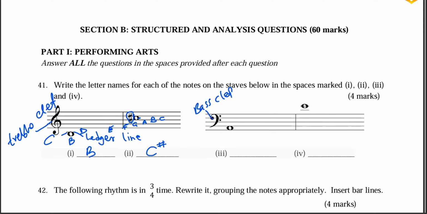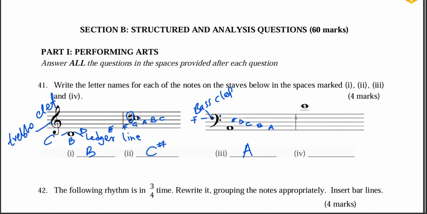On a bass staff, the line between the two dots is always F. So to go down from F, we shall have E, then D, then C, the line will be B, the first space will be A. So the first semibreve here, that is 3, will represent note A.